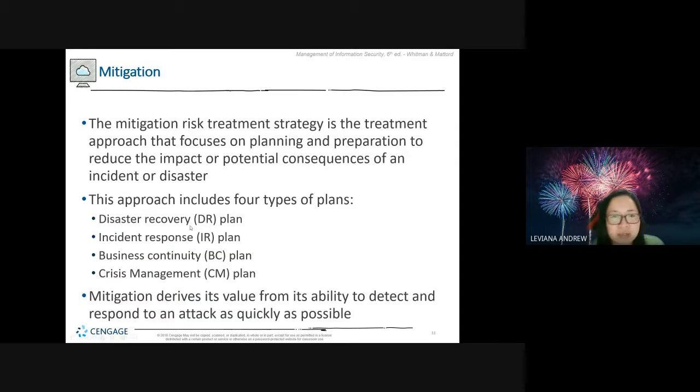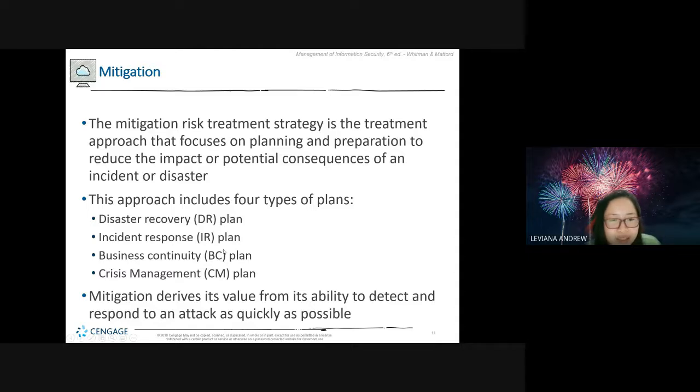Mitigation risk treatment strategy. The term mitigation is contain, membendung. It is the treatment approach that focuses on planning and preparation to reduce the impact or potential consequences of an incident or disaster. This approach includes four types of plans. Number one, a disaster recovery plan.